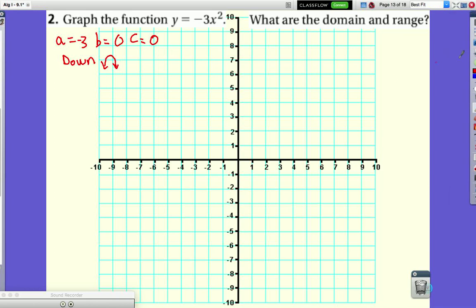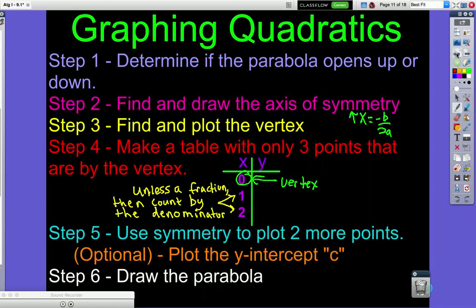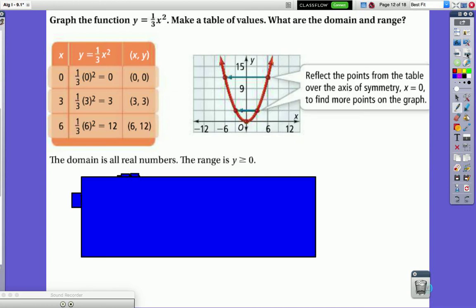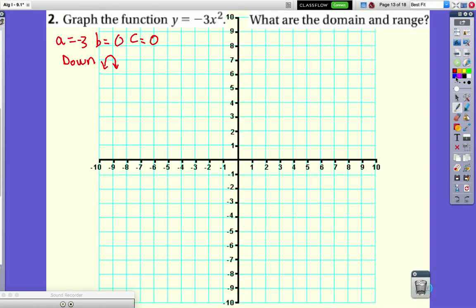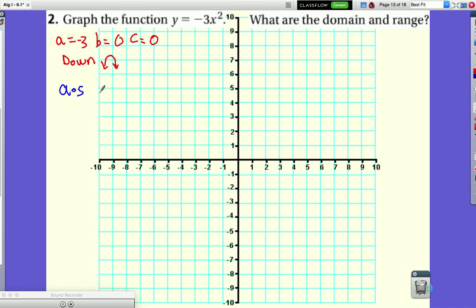If we look at our steps, the next thing we want to do is find and draw the axis of symmetry. I write it like this. This is found by x equals -b over 2a. That's why we wrote down A, B, and C as well. We're going to use them for this equation. So x equals negative b, which is 0, over 2 times a, which is -3.